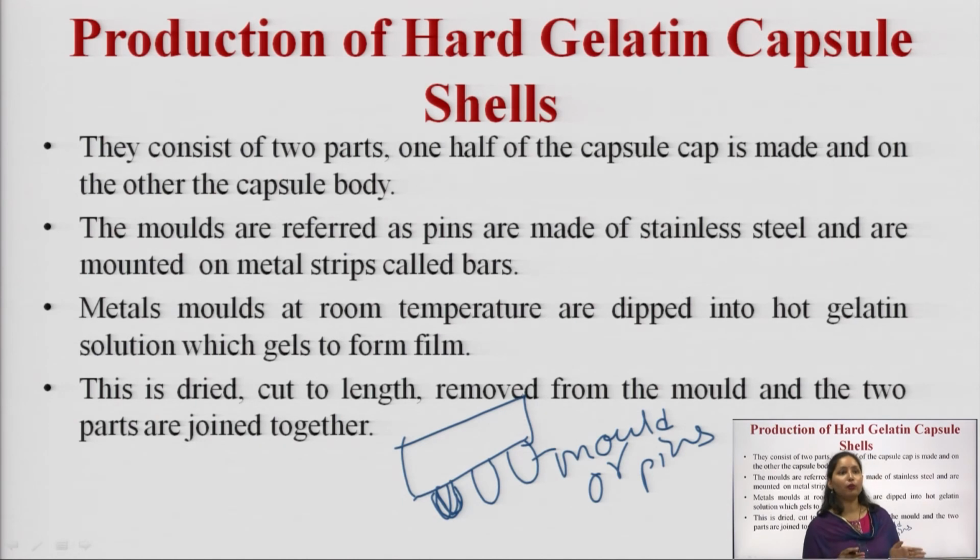Metal molds at room temperature are dipped into hot gelatin solution which gels to form a film. So, a dry film is formed over these stainless steel molds. Then these are dried and cut to length and removed from the mold, and the two parts, that is the cap and the body parts, are joined together.